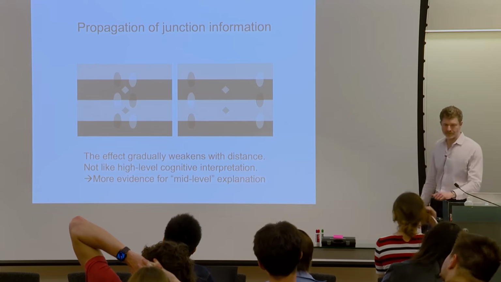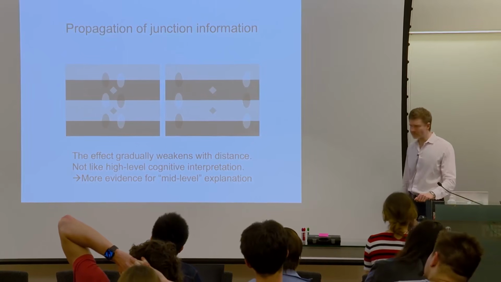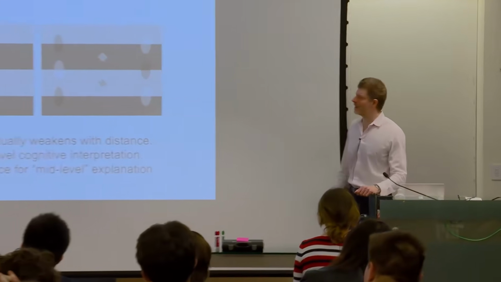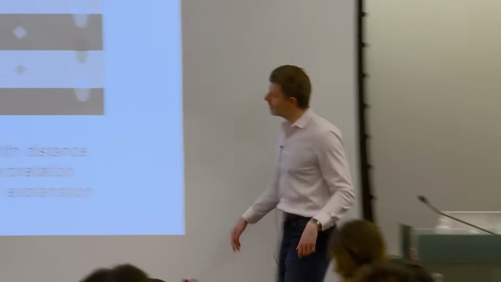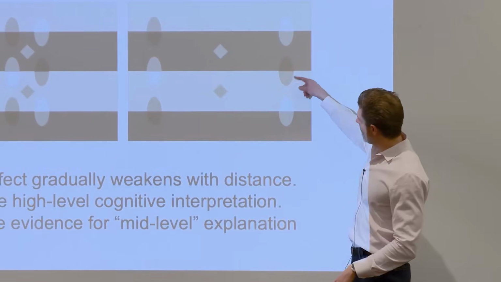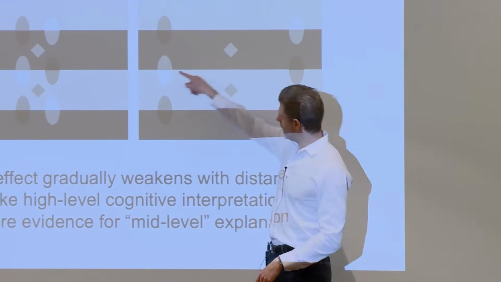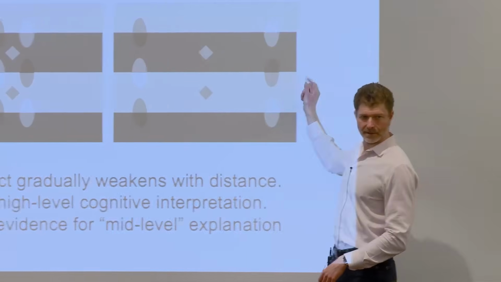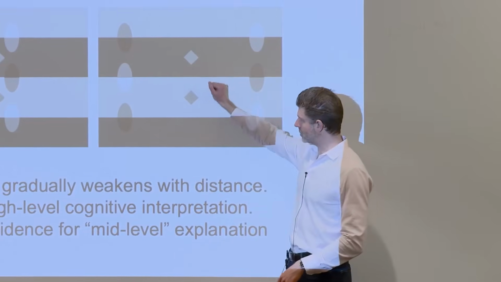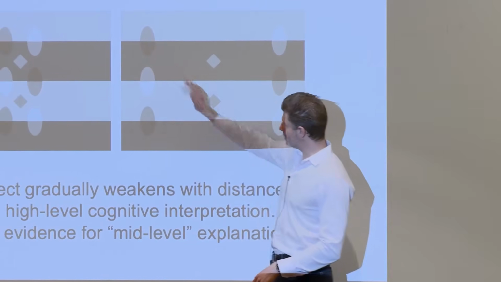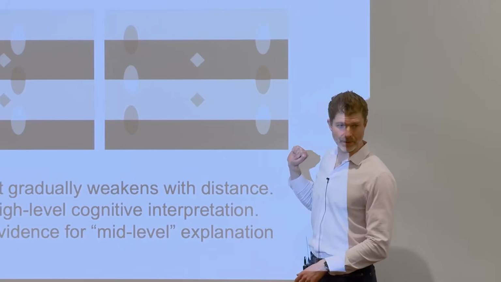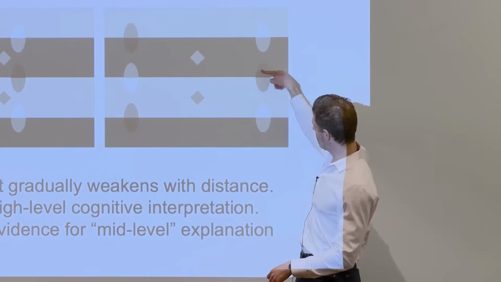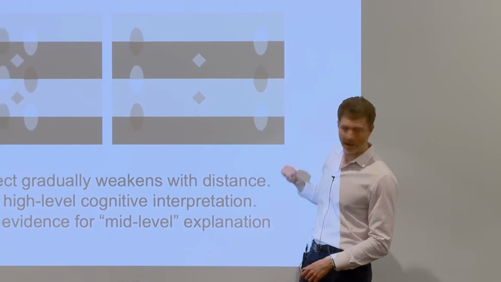Because distance has to do with mid-level? Well, no, it's just that you've got this straight line here, right? So the question is what causes that straight line? And you've got these bits of local evidence that that's due to an illumination boundary, because you've got these X junctions here.